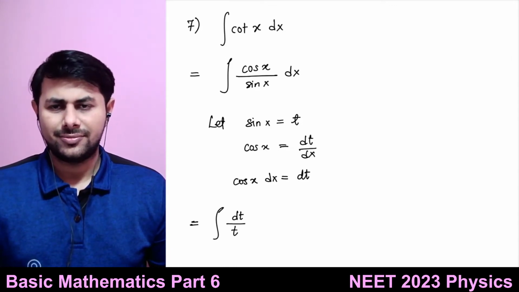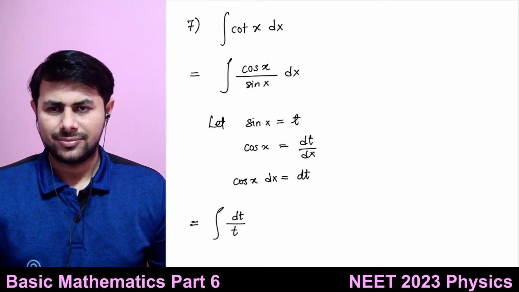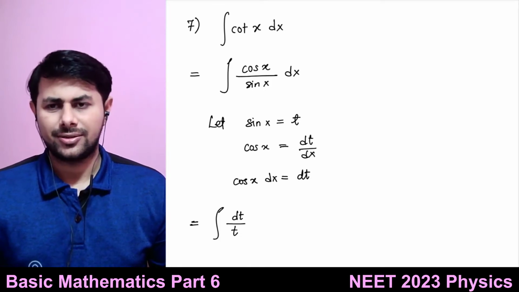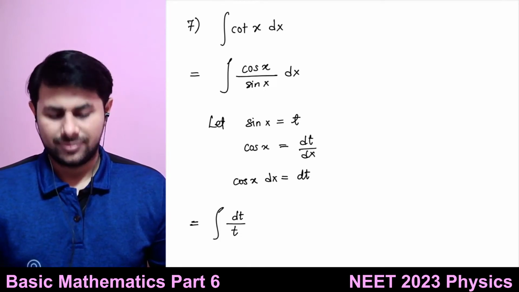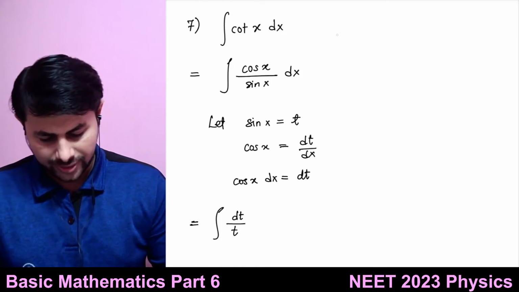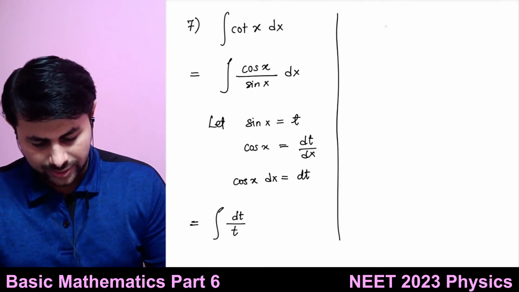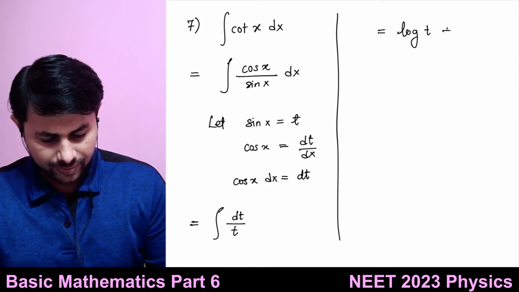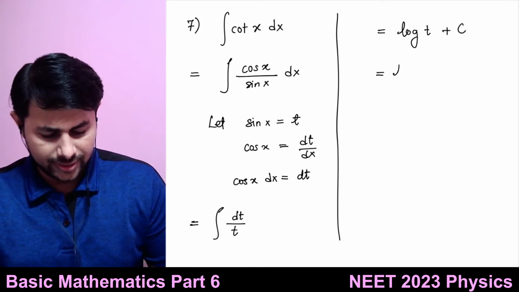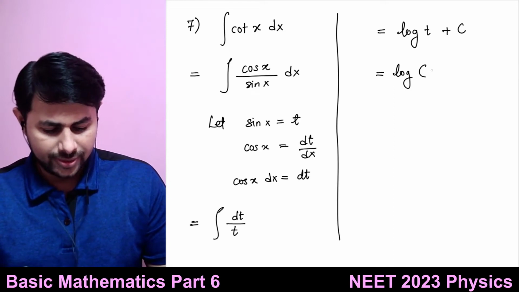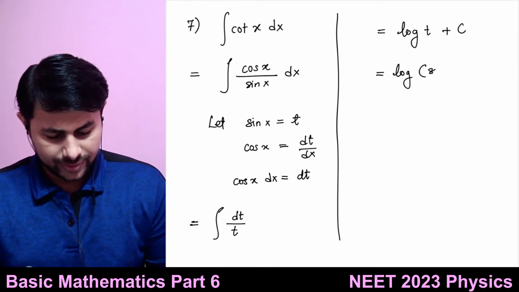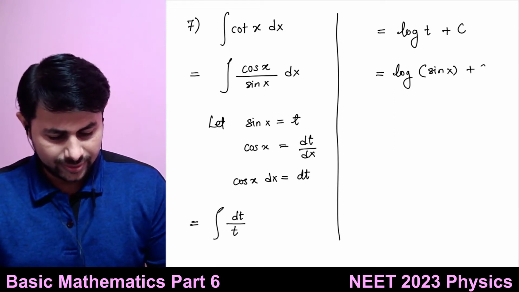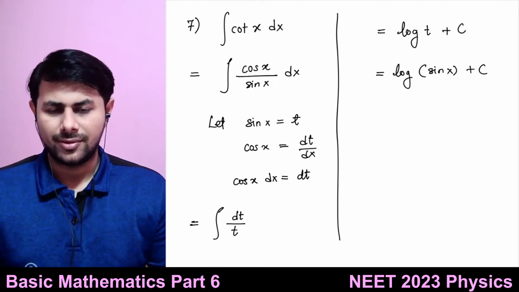Right? Yes, sir. Okay. So that is log t. So that is equal to log of t plus c, and that is log of what is t? Sin x plus c. Right? Yes, sir.